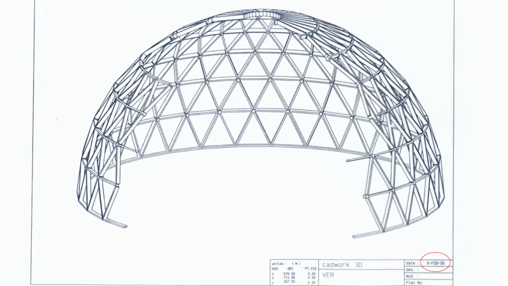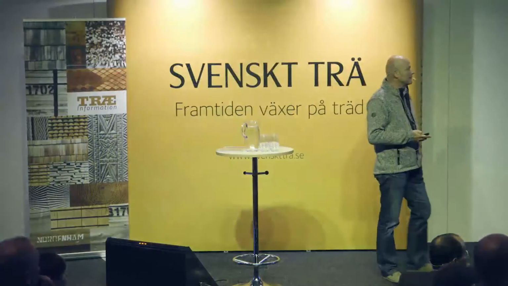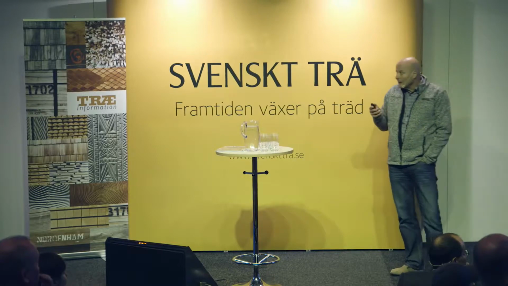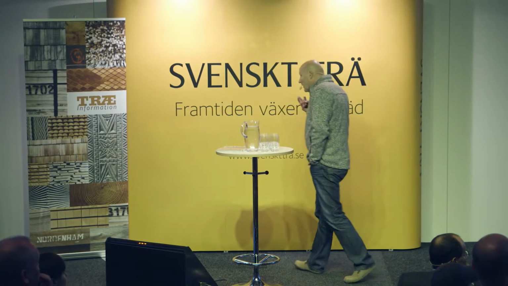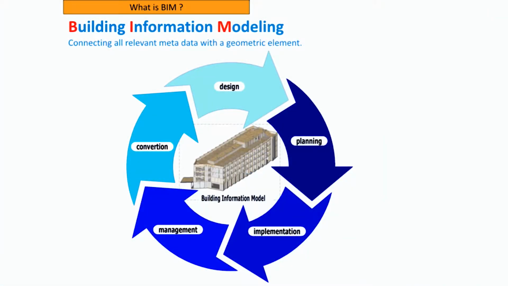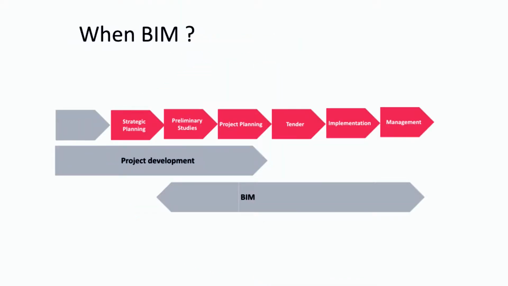In 1990, we were able to make 3D models, but that's not BIM. That's not BIM at all. In BIM, we are talking about the whole circle, from design, planning, implementation, to the management and the conversion or revitalization, as we say now. But when does it start? When will this BIM process start?